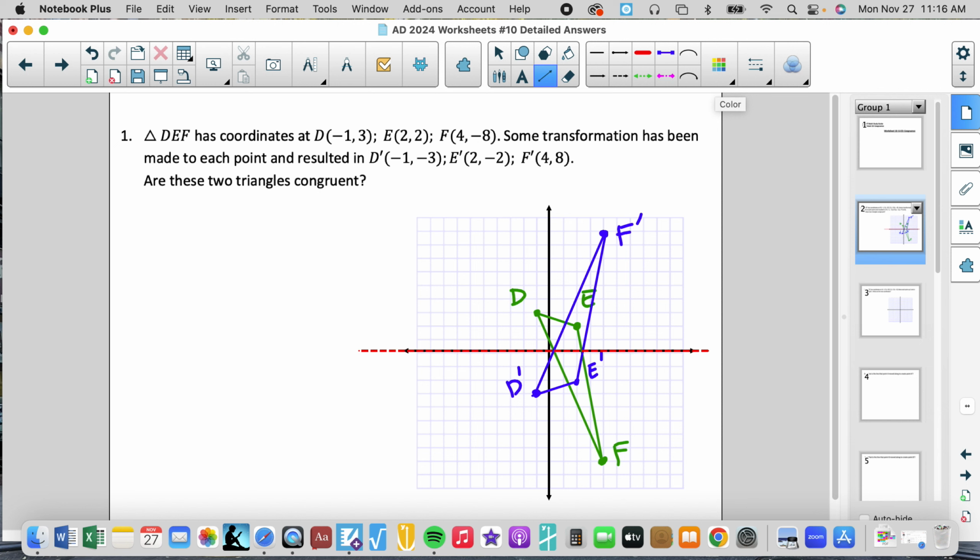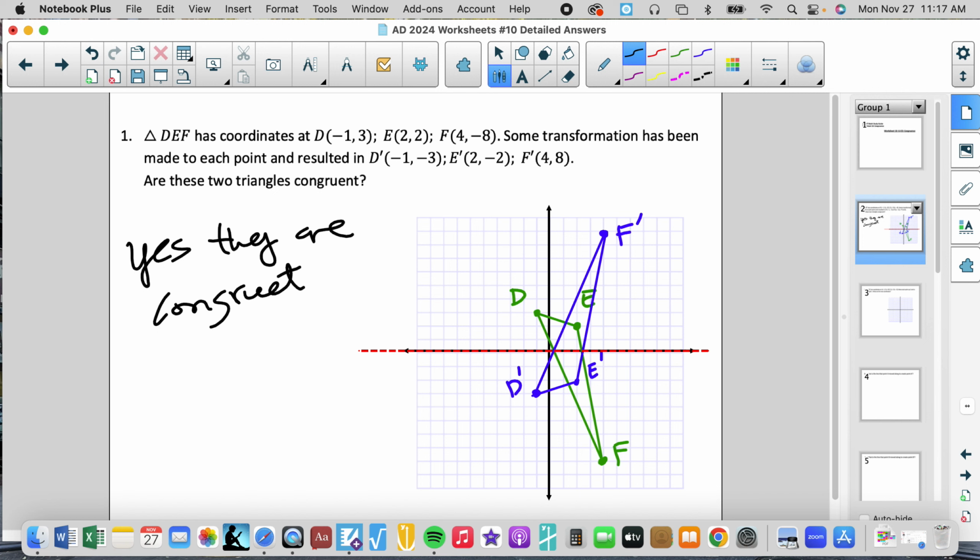Each point was reflected over that x-axis. D is 3 away, D prime is 3 away. E is 2 away, E prime is 2 away. And F is 8 away, and F prime is 8 away. So it looks like it reflected over the x-axis. Yes, they are congruent.